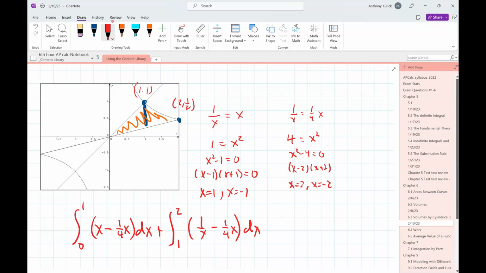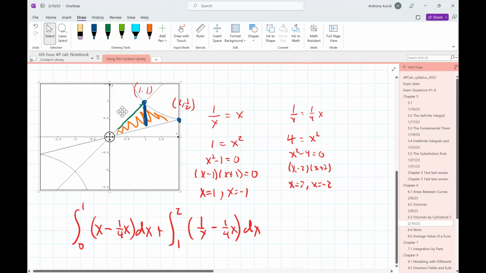Okay. Thank you. Yeah. Like, how did you just choose like to make 1/4 x equal to 1 over x, or did you just make it equal to x? Well, okay, so this line here is the y equals x line.